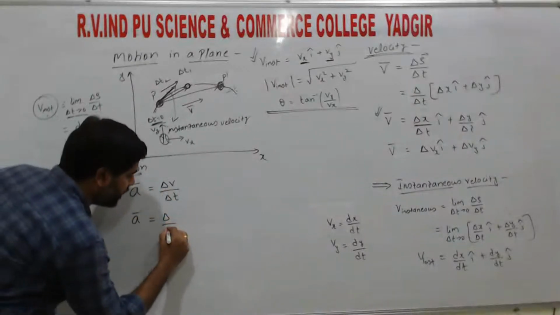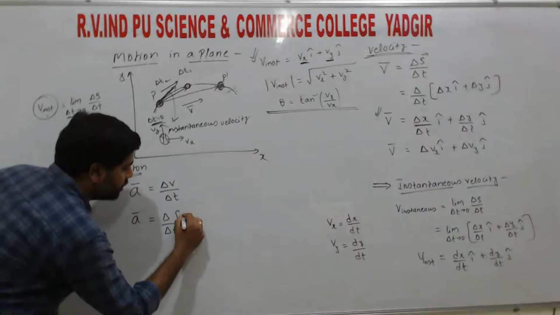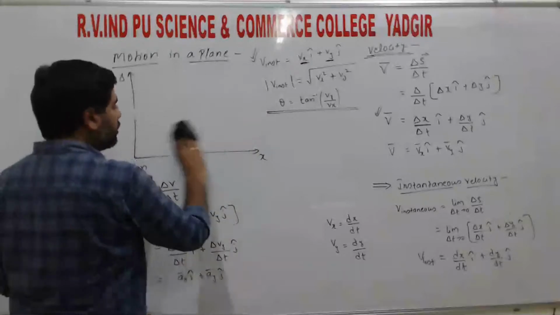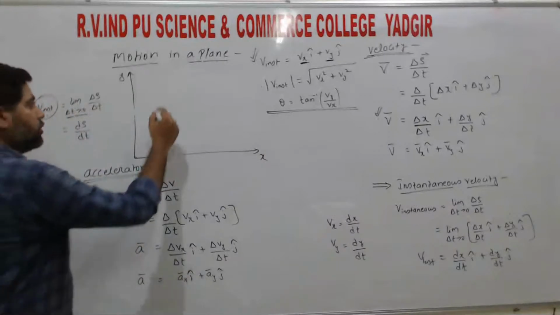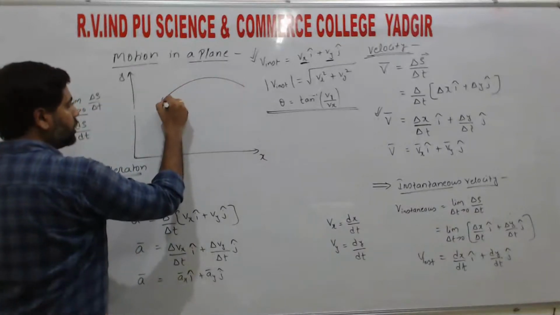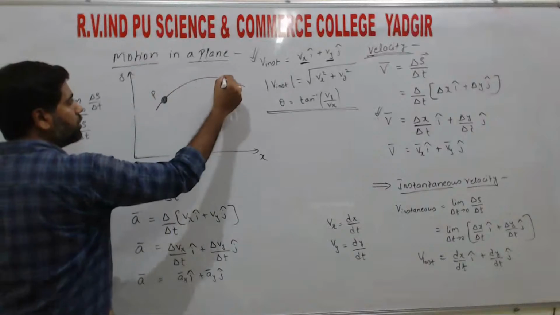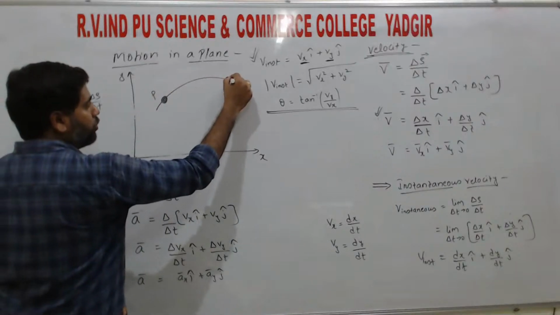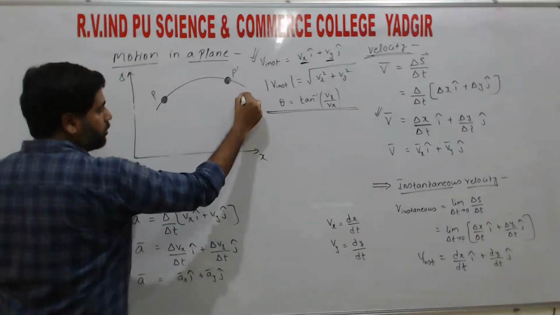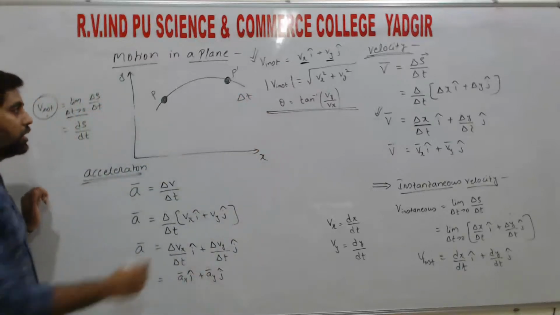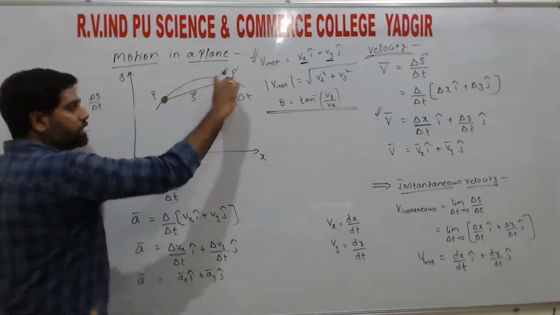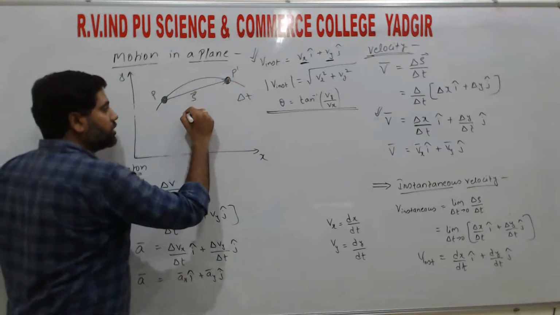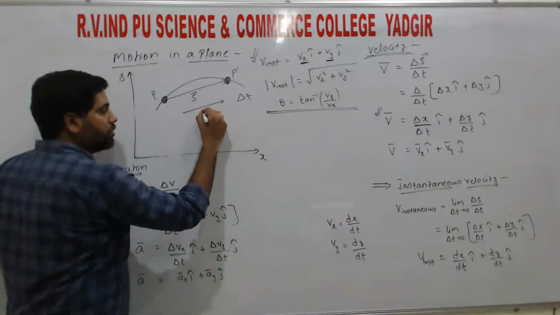Again, if I substitute here delta v by delta t as that of the velocity, right? So again, by taking the same example, here we have P, somewhere here we have P dash, so it covers some time, that is delta t. Displacement is in this direction, right? So in the displacement direction, which velocity do we have? Average velocity, right? So that one is v1.